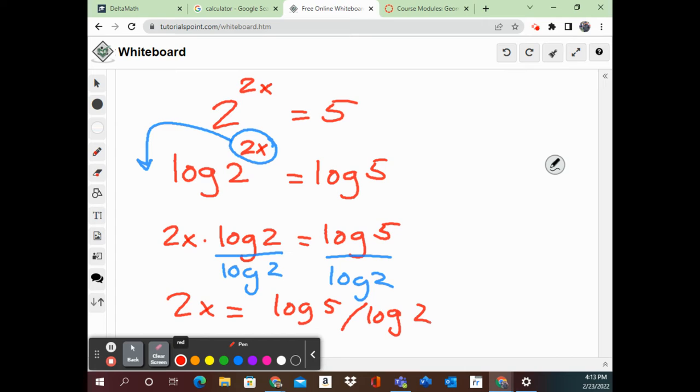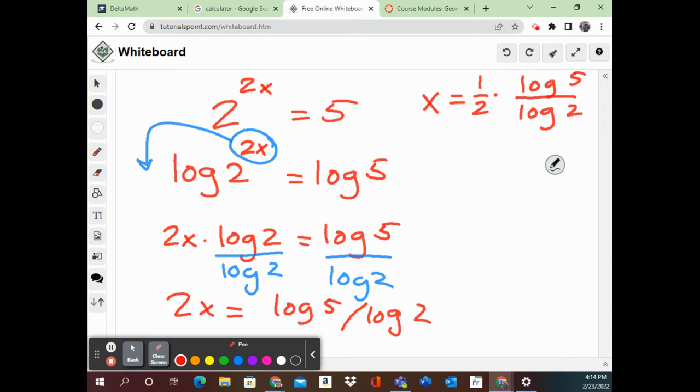I still want to get x by itself, so I divide everything by 2, and x is equal to 1/2 times log 5 divided by log 2.